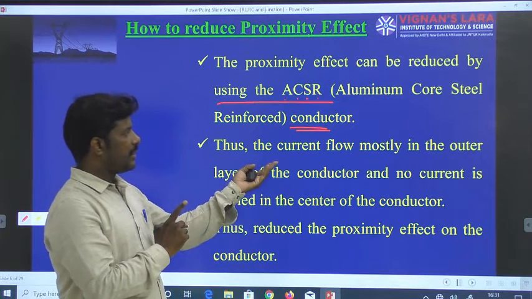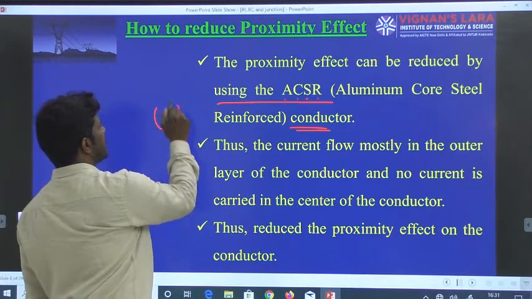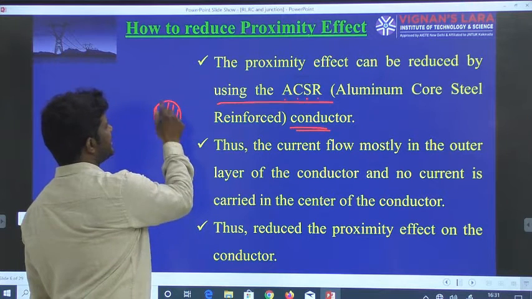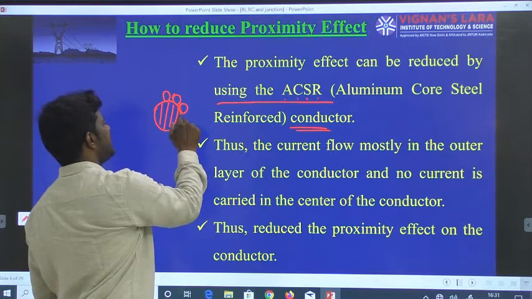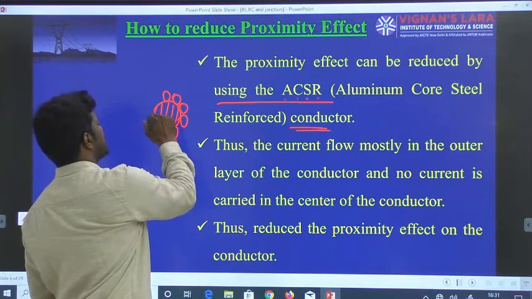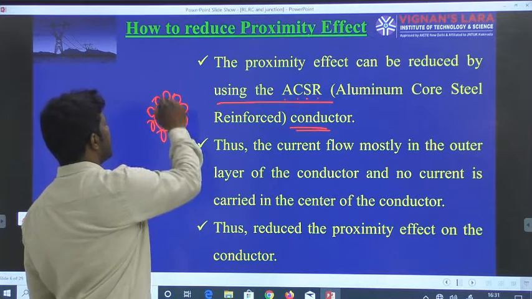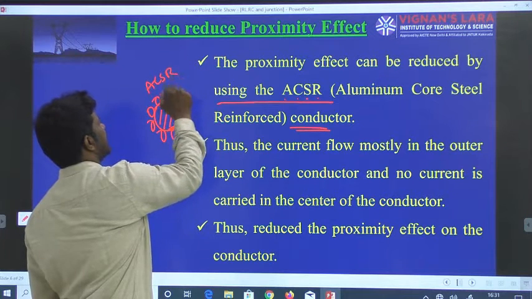Because of this feature, as we know, the steel strand is located at the middle. Around this steel strand, the strands of aluminum are placed, and we call this an ACSR conductor.